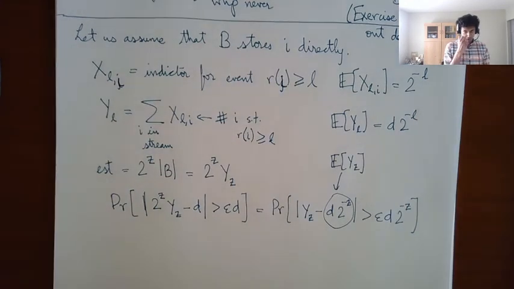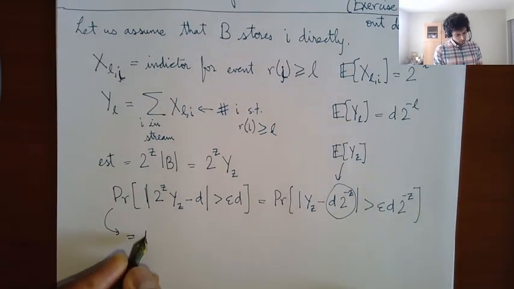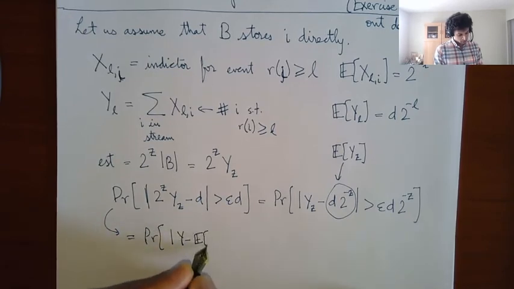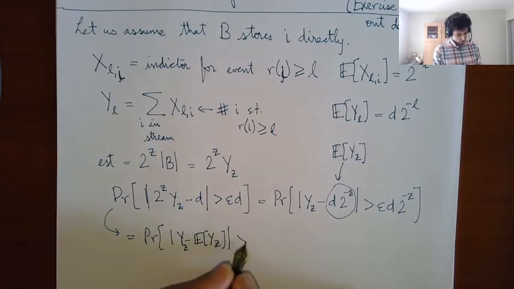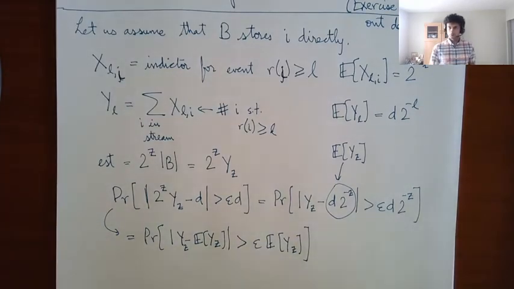Okay, so this is looking like good news, because I can write this as the probability that Y_z deviates from the expectation of Y_z by more than epsilon times the expectation of Y_z, which is looking a lot like our Chernoff, Chebyshev, whatever our deviation bounds. Seems like we can do something interesting here.